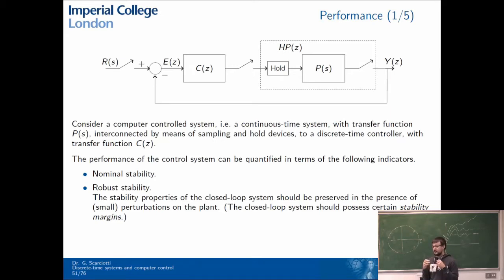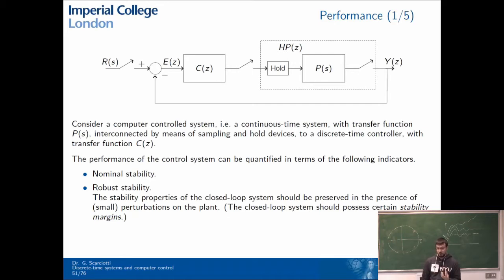For instance, time delays between when we give the input and when the system will produce an output. So there is a whole series of approximations that we have made from going from the physical system to the model, the mathematical model.